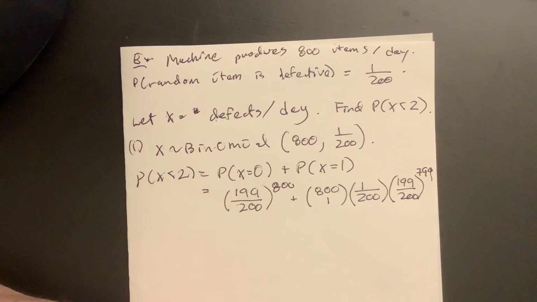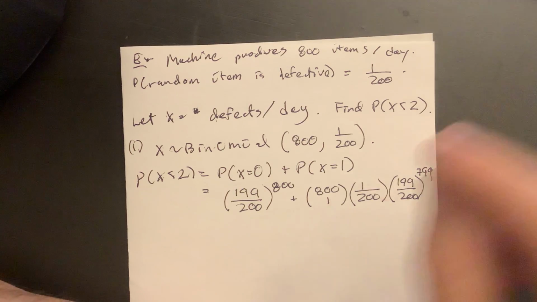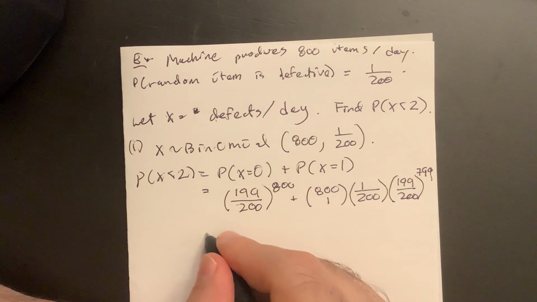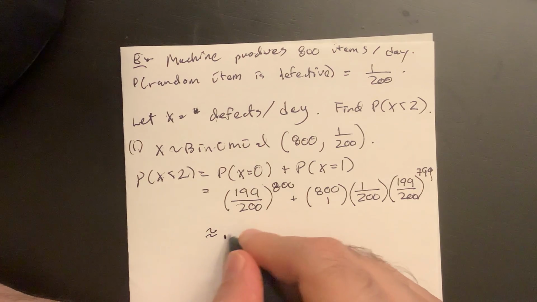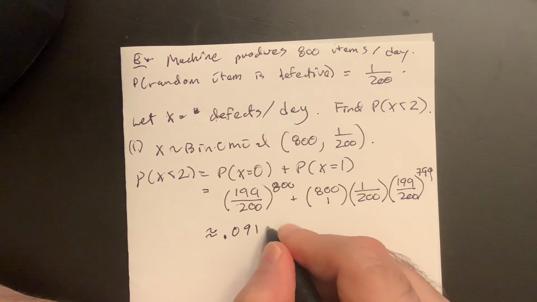For one thing, you can see this is not a pleasant calculation to make. If I took bigger numbers and I wanted more probabilities, it could be pretty nasty. So I do this, and R handles this perfectly. I have 0.09103 to 5 digits.